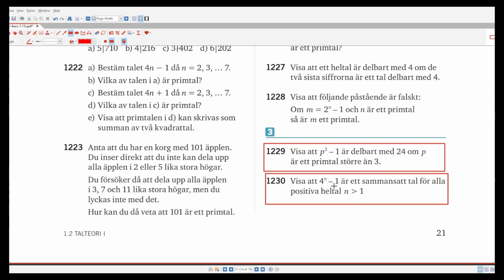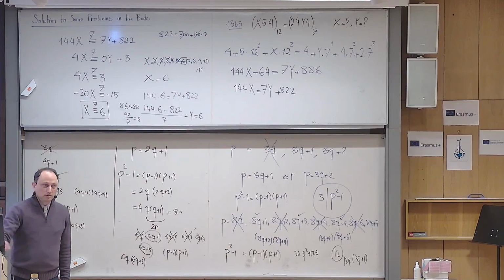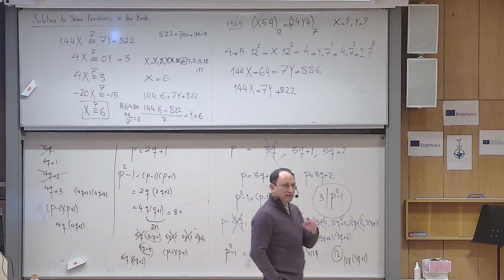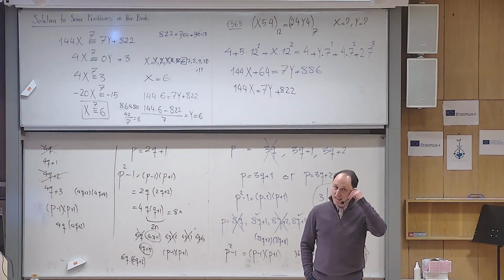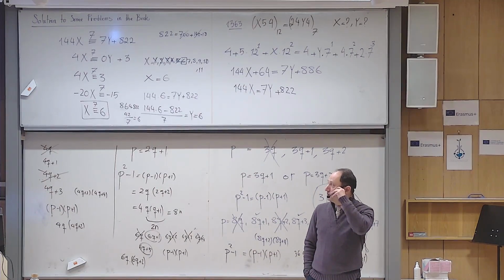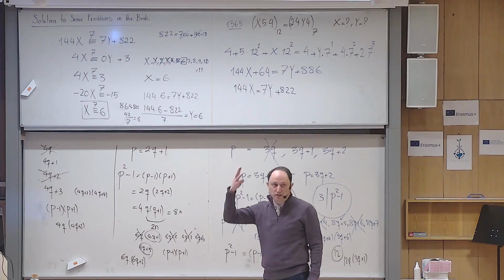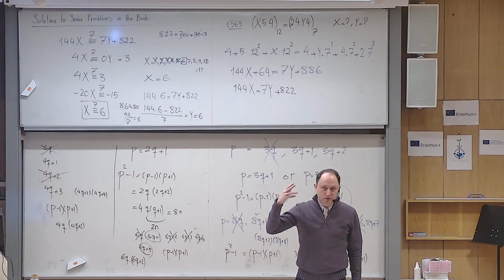Show that 4 to the n minus 1 is a composite number for all positive integers n greater than 1. Why do you think this number is a composite number? It is claiming that if n is any natural number greater than 1, of course for 1 it doesn't work because it gives you 3, which is prime, not composite.